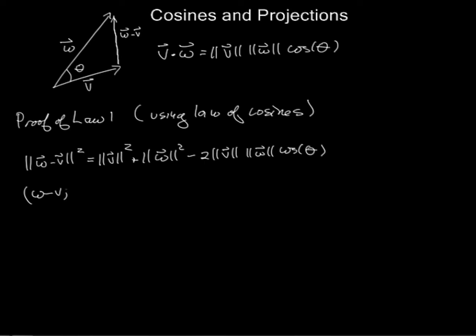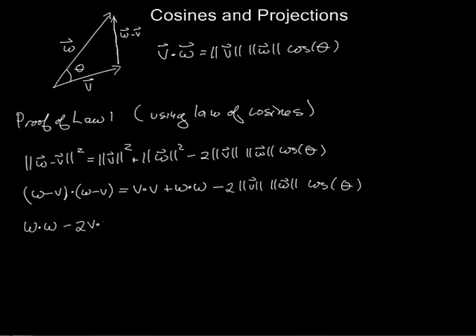So w minus v squared, that length squared, is w minus v dot itself. And that's supposed to equal v dot v plus w dot w minus 2, and I'm just going to leave the length of v and length of w cosine theta. And now on the left-hand side, we get w dot w minus 2 v dot w plus v dot v. And the right-hand side I'm not going to touch.